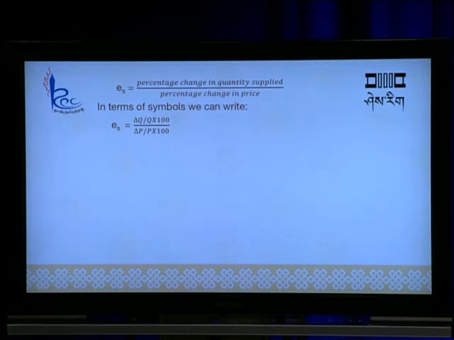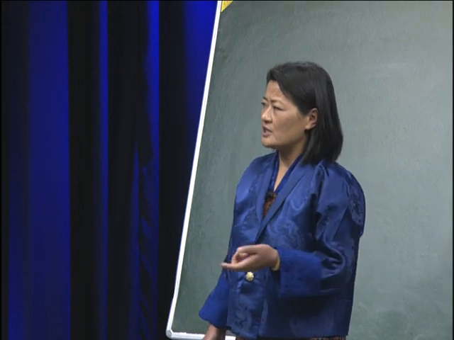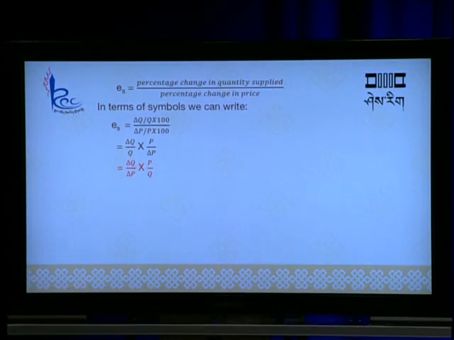So, symbolically it can be written as delta Q by Q times 100 by delta P by P. This can be rewritten as delta Q by Q times P by delta P, and the ultimate formula that you are going to derive, that is to be used for calculating elasticity using the percentage method, is delta Q by delta P times P by Q. Here delta Q is the change in the quantity, delta P is the change in the price, P is the initial price, that is the price before the change, and Q is the initial quantity.